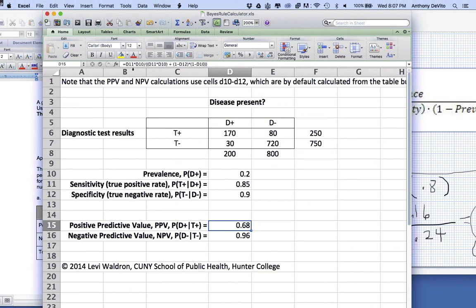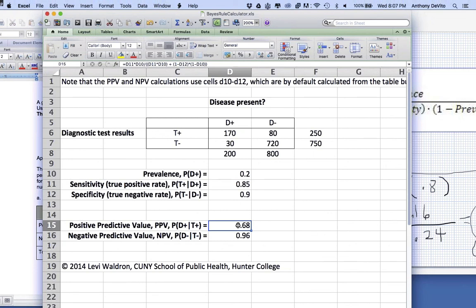So D11 times D10. What is D11? D11 is the prevalence times the sensitivity. Okay, 0.2 times 0.85. That's the proportion of people that test positive that actually have the disease.